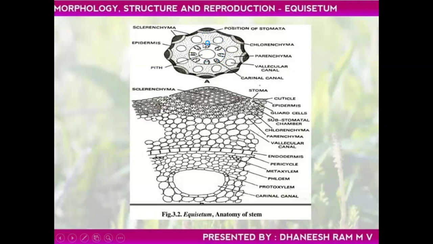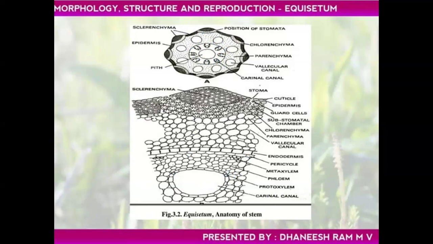Below each vascular bundle, that is, below the xylem and especially below the protoxylem, we can see a small cavity or canal called the carinal canal.